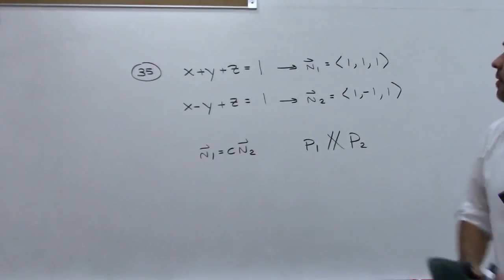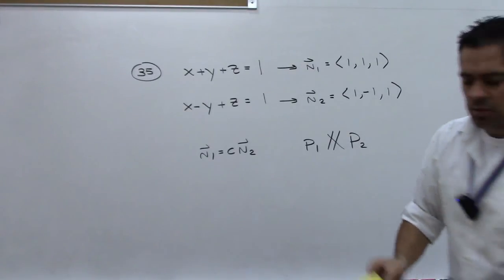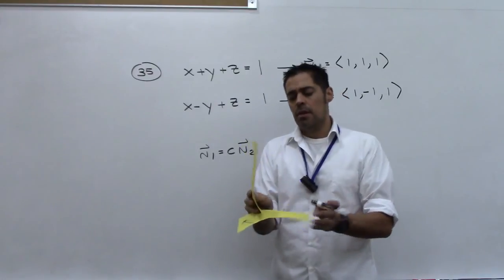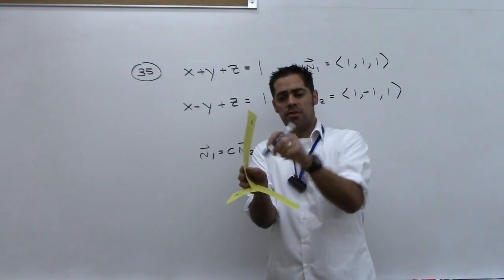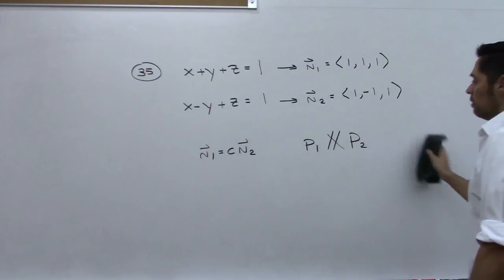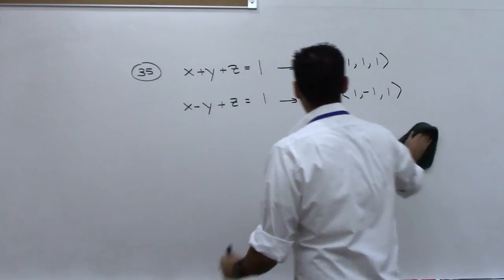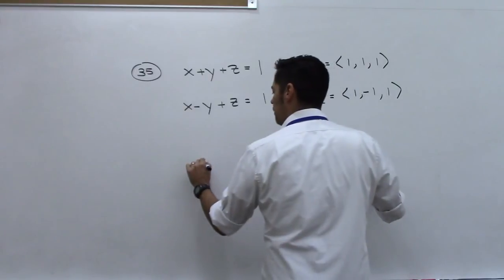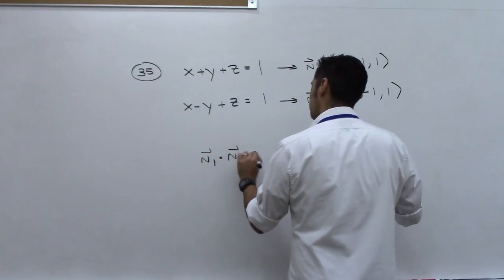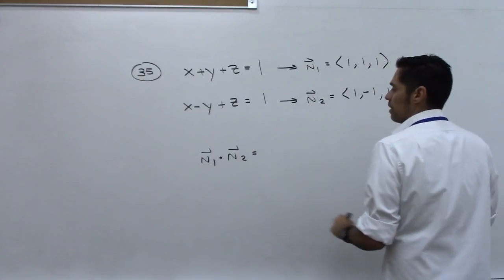How would you check to see if they're perpendicular? Well, if two planes are perpendicular, I hope it's obvious to you that their normals would also be perpendicular. So the question would be, are these normals perpendicular? So how do you check to see if two vectors are perpendicular? You dot product them, right? And you hope for 0. What's the dot product of these two vectors?